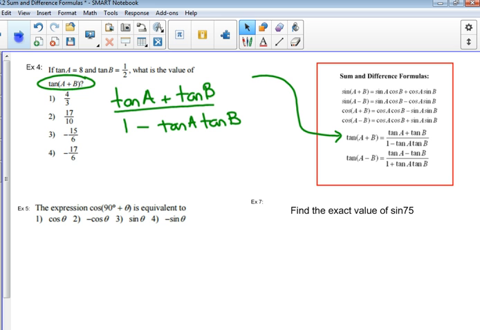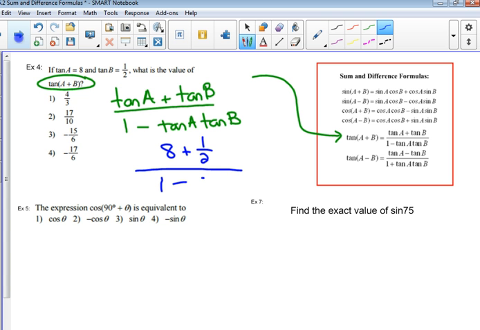Do I know what tan A is? Yeah, it's 8. Good. So I know what tan B is. This one's nice. You have all your information. So if you don't need to do anything else, just substitute this one in and solve it. So tan A is 8 plus 1/2 over 1 minus 8 times 1/2.